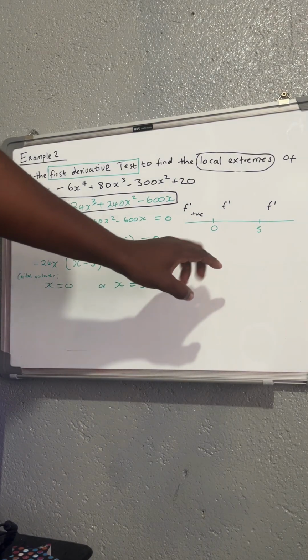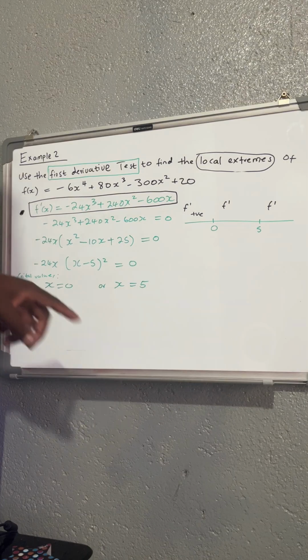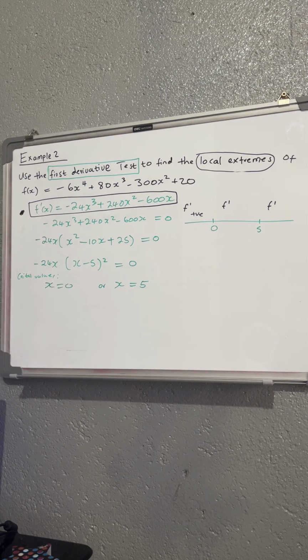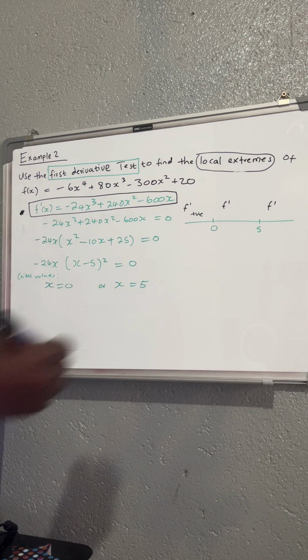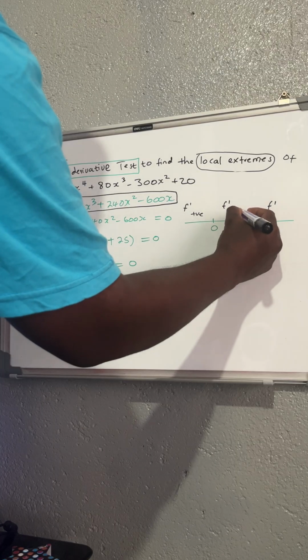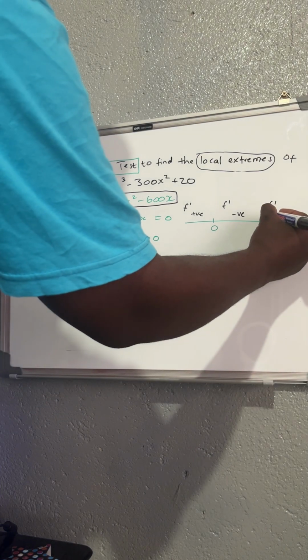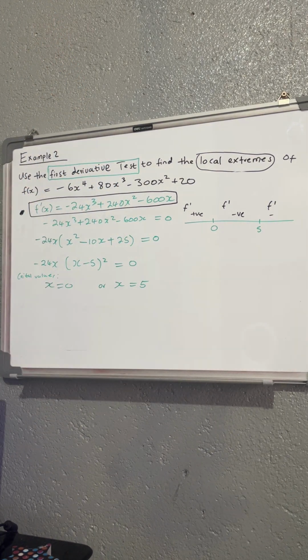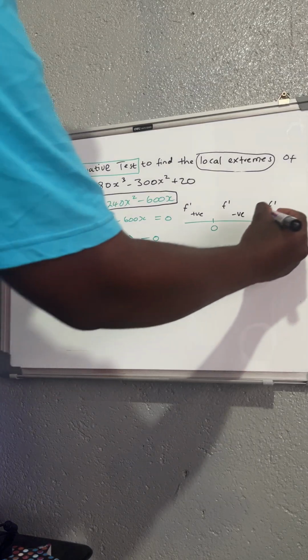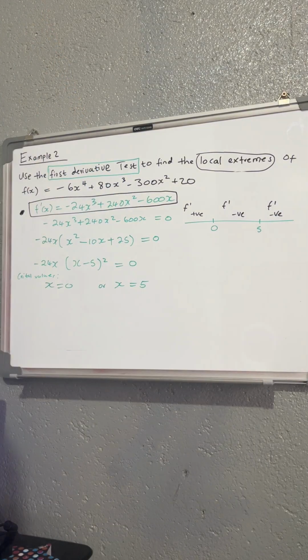Then you use any number between 0 and 5 and input it here, and you are going to get a negative answer. Then you use any number greater than 5, it could be 6 up to positive infinity. This side, I think, is negative.